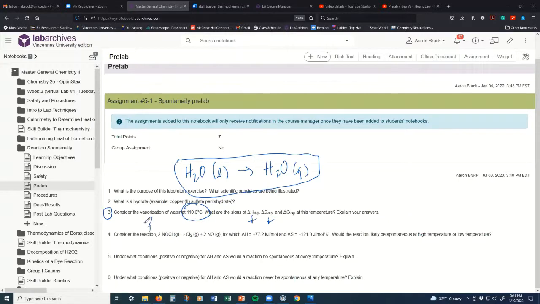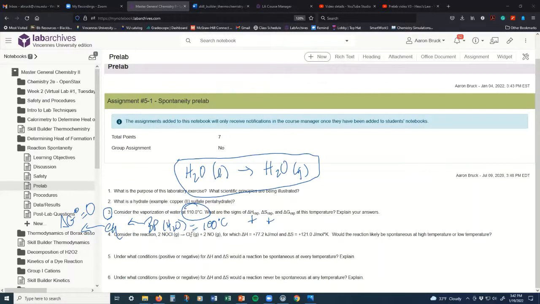Now we know that the boiling point of water is 100 degrees Celsius. That would represent equilibrium, which would indicate delta G being equal to 0. This is above that. And so there's our answer.